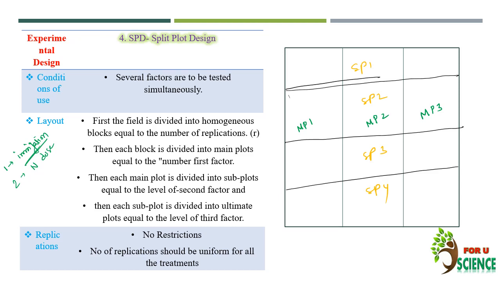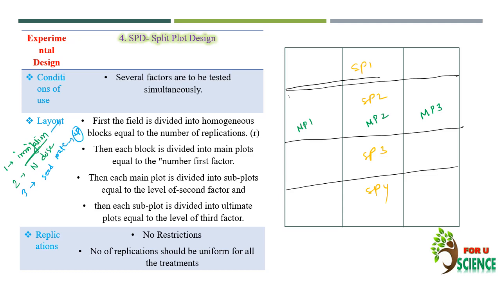After that, suppose the third factor is seed rate. We are studying the seed rate in a smaller area, so we divide it into ultimate plots.